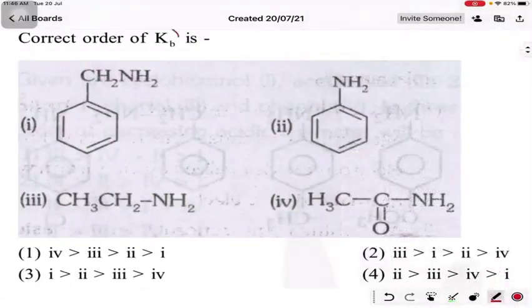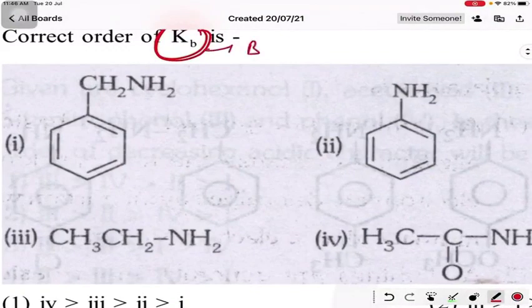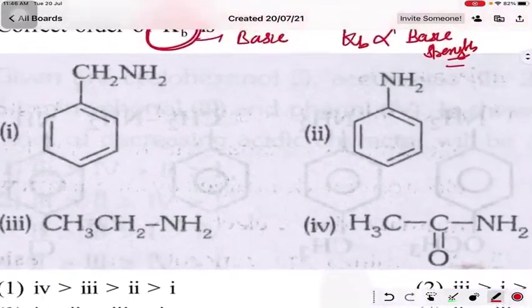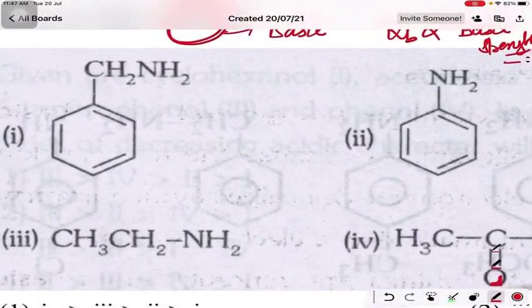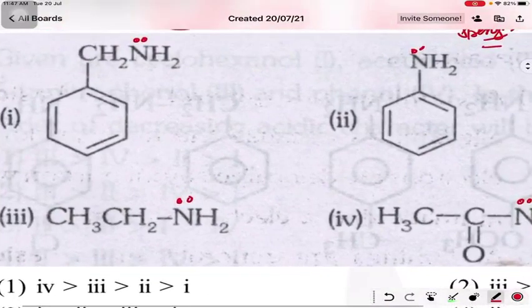Now next is the value of Kb, which means we have to find basic strength, and the relationship between these two is that Kb is directly proportional to basic strength. Higher Kb means stronger base. So out of these 4 compounds, we have NH2 here, an amine. Now in the amine, nitrogen is having a lone pair. So the higher the electron density, the stronger will be the base.